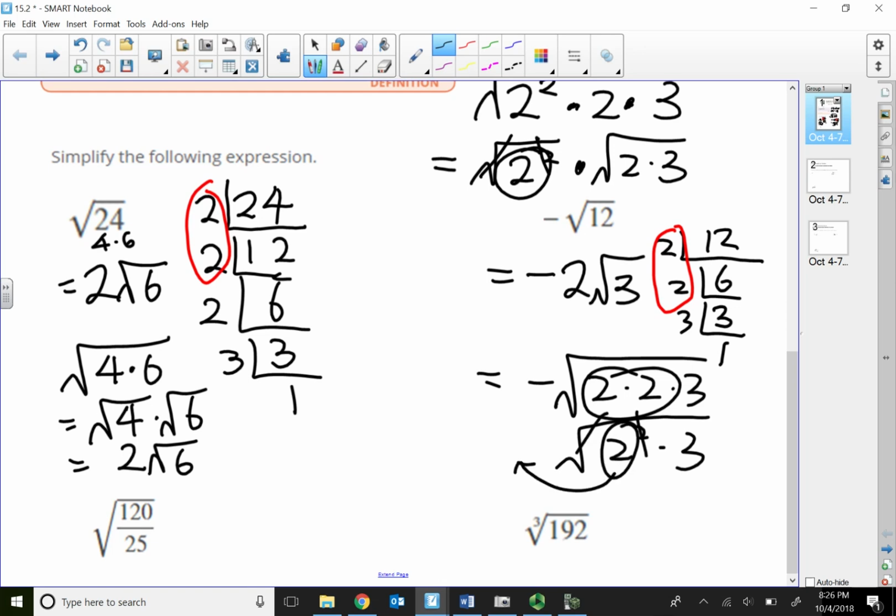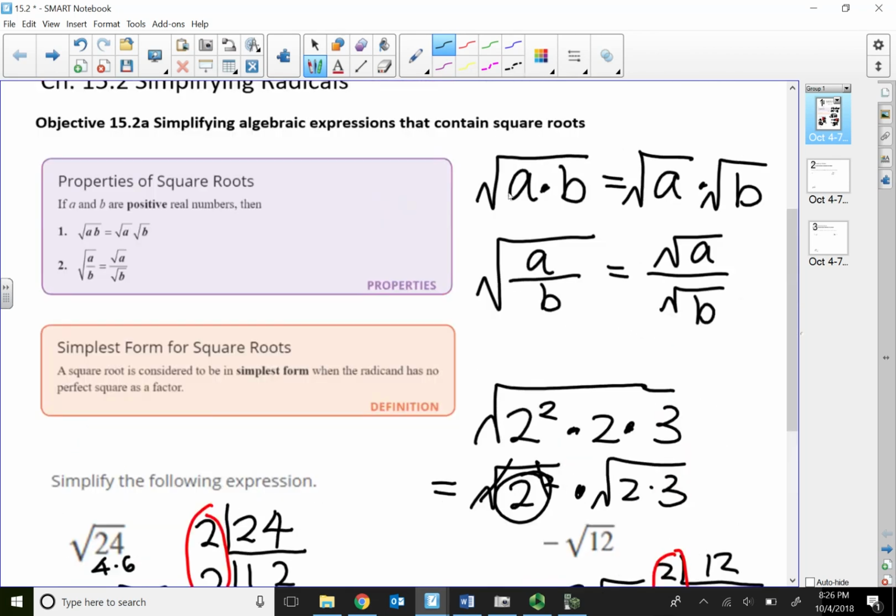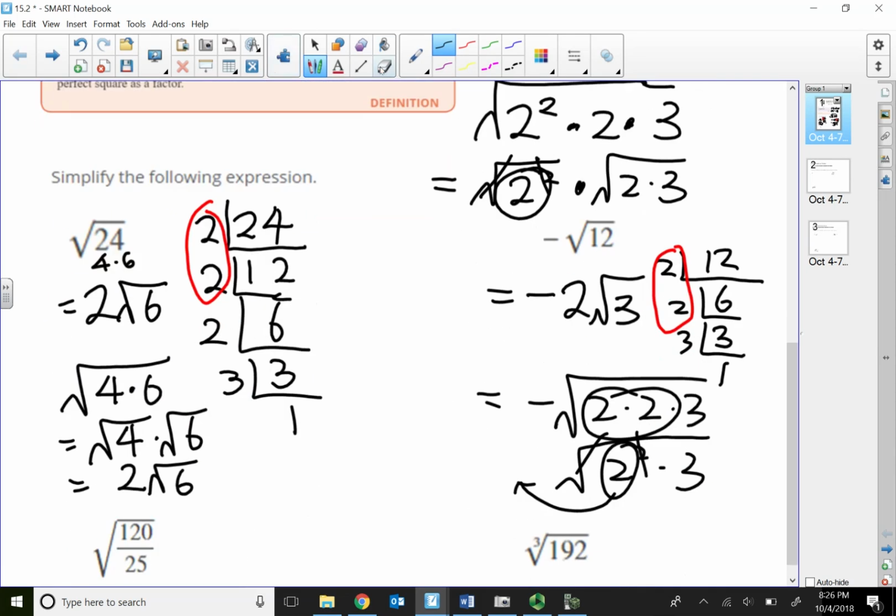This 3 has to stay inside. All of this has to do with what I'm explaining up here about splitting the radicals apart. To keep things easy, I normally look at them here on the side to determine who can go outside and who will have to stay inside. Sometimes that makes it a little bit easier.